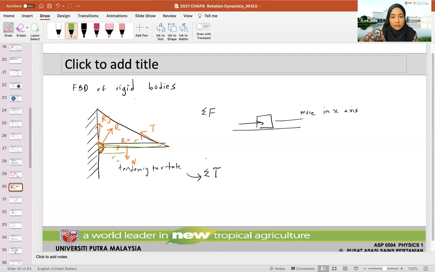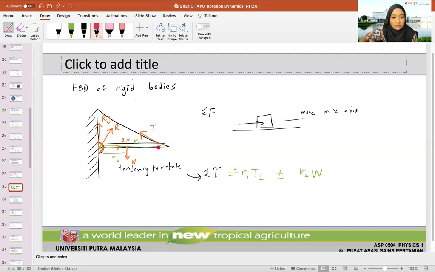When dealing with this type of equation, we need to know our R, and it has to be perpendicular. If it's not perpendicular, you need to resolve it to become perpendicular. And then it has to be positive or negative. Let's say this is R2 and W. This is our weight. Now we have to define our direction, whether it's anti-clockwise or clockwise.